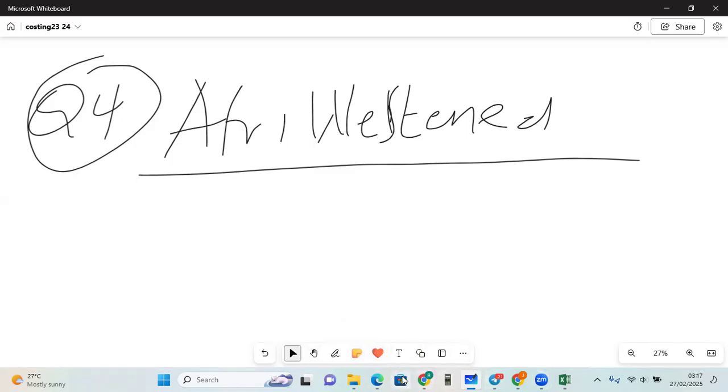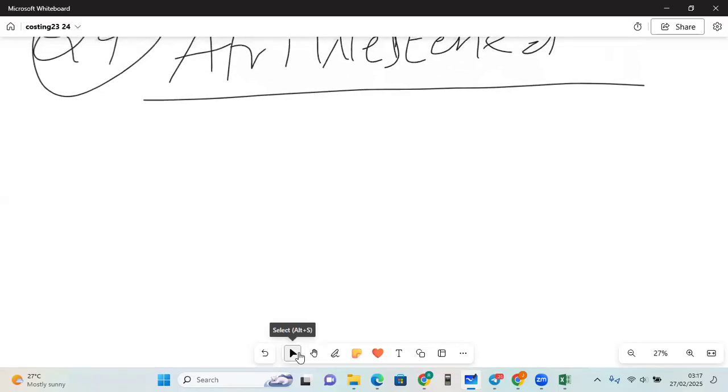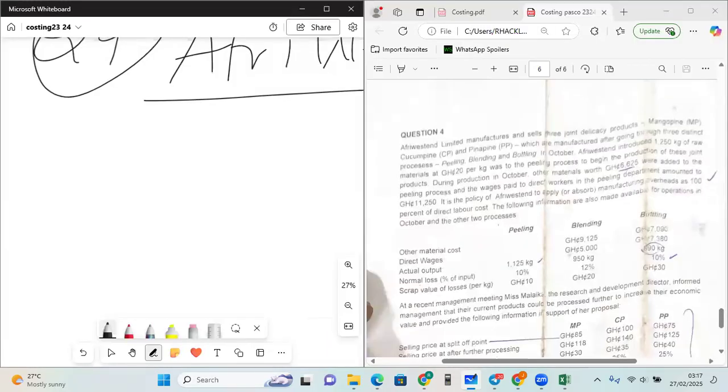For this one, let me write so that I can understand it. But when it gets to the decision side, I'll use Excel. So we are starting from process one, which is peeling.